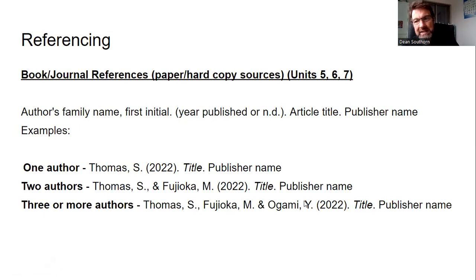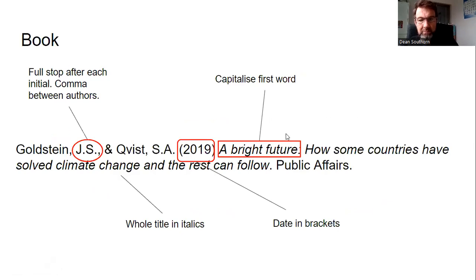Unlike the citation where we write et al., in the reference list, we have to write all of the names. The last thing we've got here, Public Affairs. Public Affairs is the name of the publisher, and that name of the publisher you can usually find on the title page on the inside of the book. So there you have it. Look, Public Affairs, name of the publishing company.